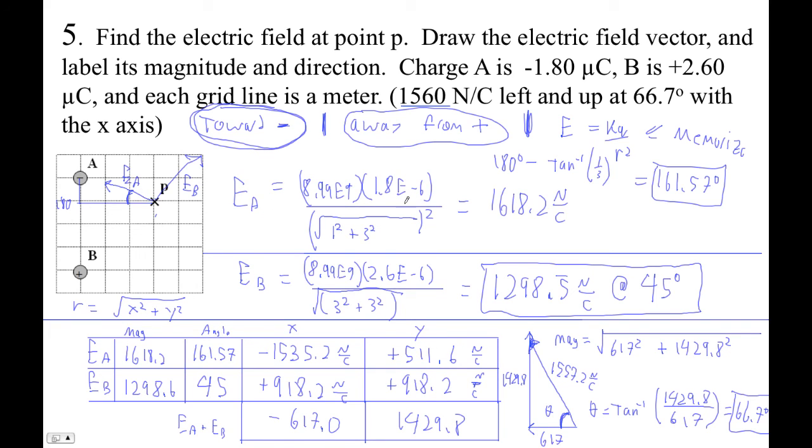Right? Remember that your angles are 0, 90, 180, 270, right? And so in this case, when I went over 3 and up 1 to that guy, right? 3 there and 1 there. Okay. If I want to find this angle here, it's going to be 180 minus whatever that angle is, right?